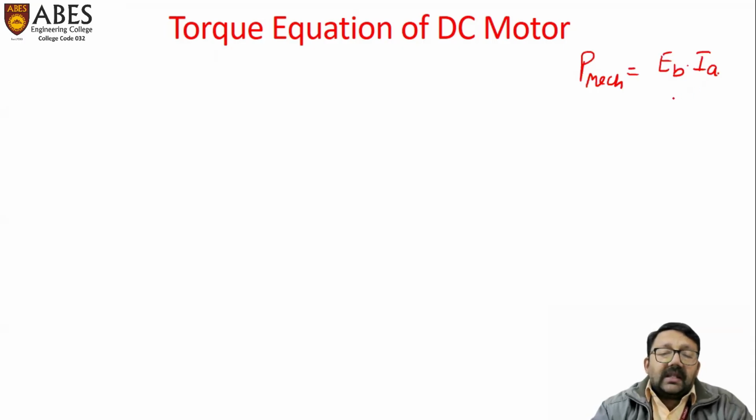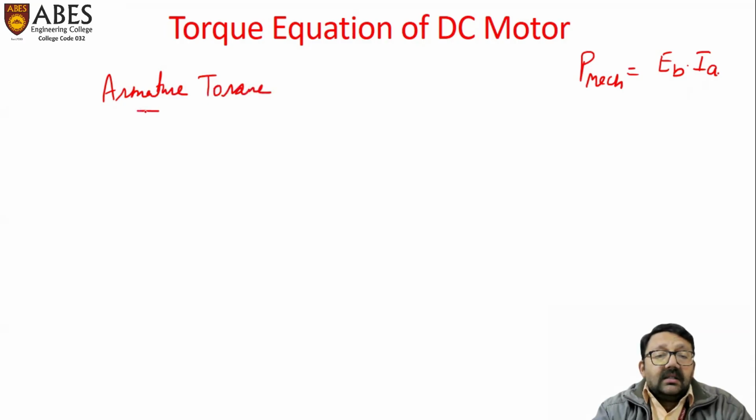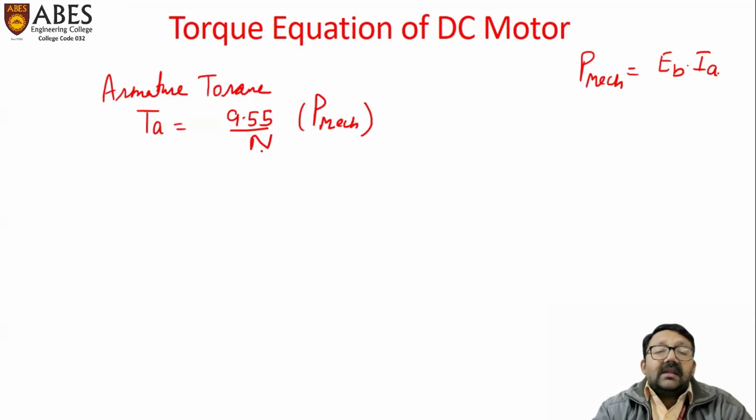So corresponding to this mechanical power, we can define armature torque, which is given by TA, that is 9.55 divided by motor speed in RPM into P mechanical, where P mechanical is the mechanical power developed in motor armature in watts, or 9.55 divided by capital N, into EB into IA.